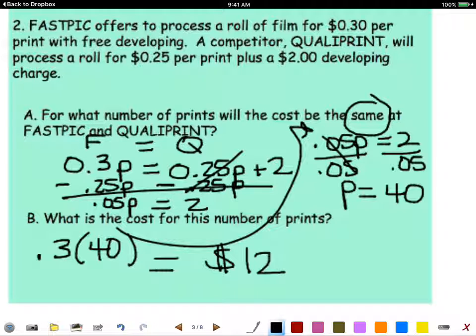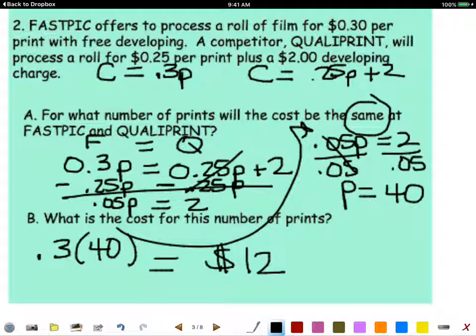So that is one type of systems where you set the two equations to each other. Because what you could have done is you could have said the cost for Fast Pick is 0.3p and the cost for QualiPrint is 0.25p plus 2, and we simply set each of those equations equal to each other, right?